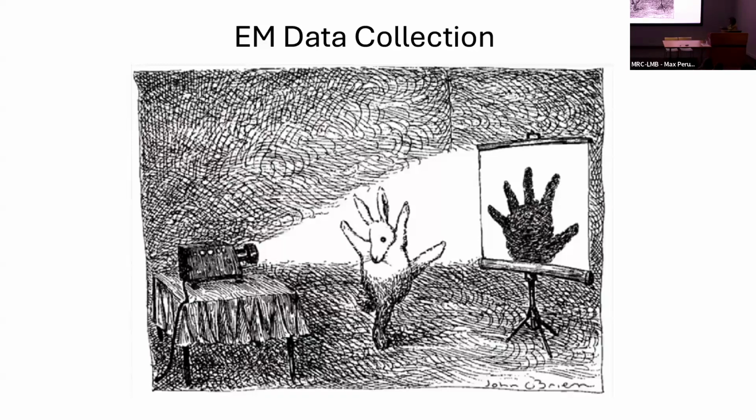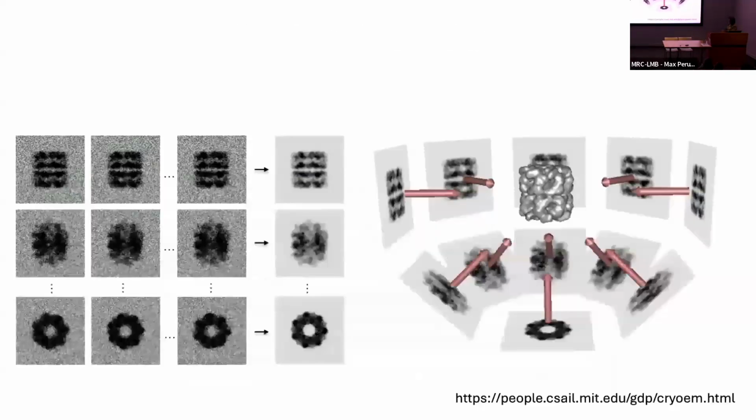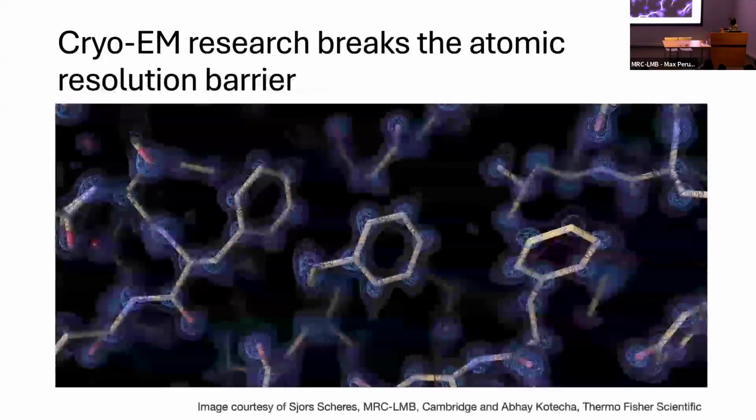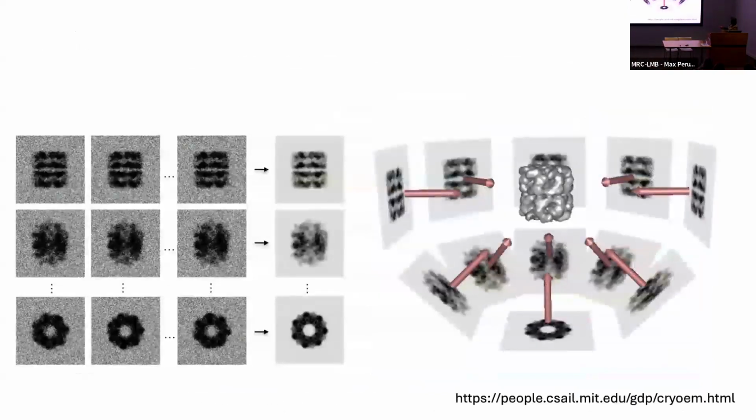So yeah, I will show here another diagram to show how you get back to 3D. When you get the different projections here, the computer program has to do alignment to find out the orientation relative to the common frame.